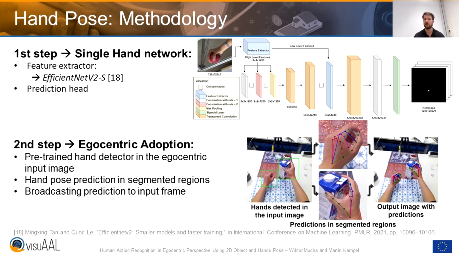Because this model works for a single hand, we adapt it to egocentric vision by performing hand detection in the first phase, and then the segmented regions are passed to the hand pose network.